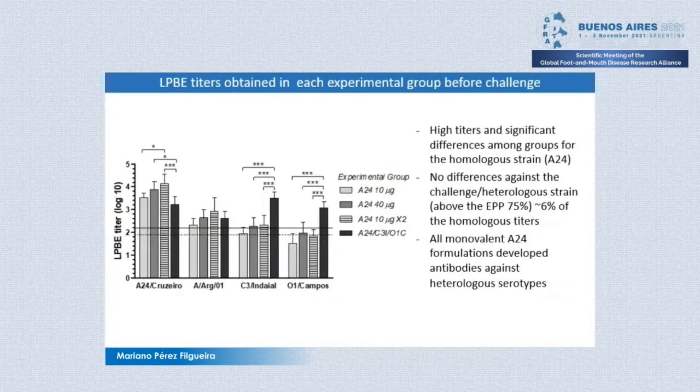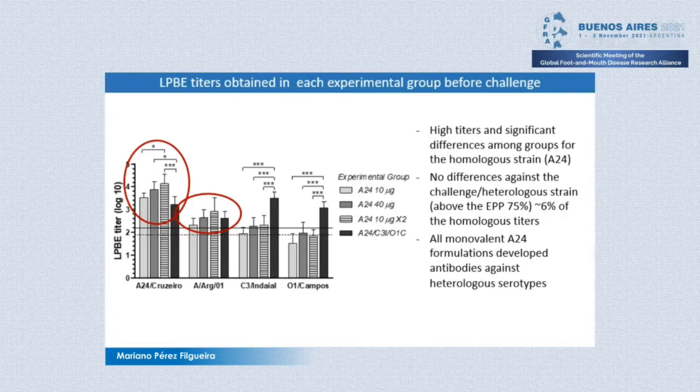So that said, if we study the titers against the 4 FMDV strains in each of the experimental groups, you can see there are significant differences in the A24 Cruzeiro group, but these differences mostly disappear for the A Argentina 2001, because these antibodies represent only between 5 and 6% of the total A24, so that's just a fraction.